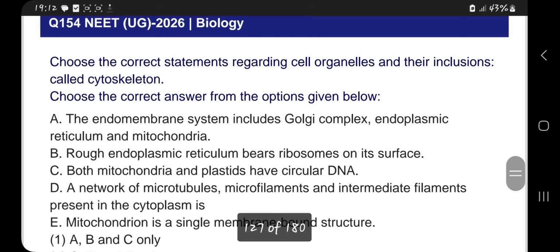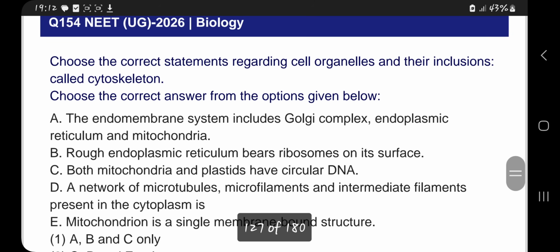Choose the correct statement regarding cell organelles and their inclusions. Choose the correct answers. A, the endomembrane system includes Golgi complex, endoplasmic reticulum, and mitochondria. The lysosomes are missing there. B, rough endoplasmic reticulum bears ribosomes on its surface. That is correct. C, both mitochondria and plastids have circular DNA. That is correct.